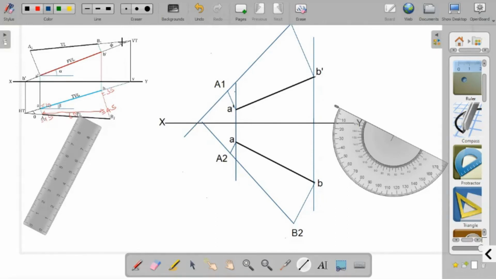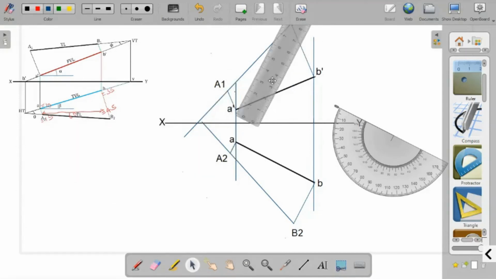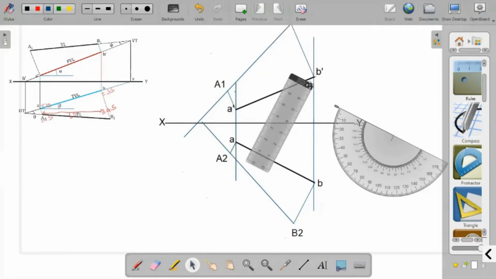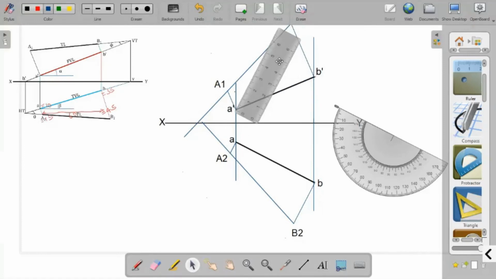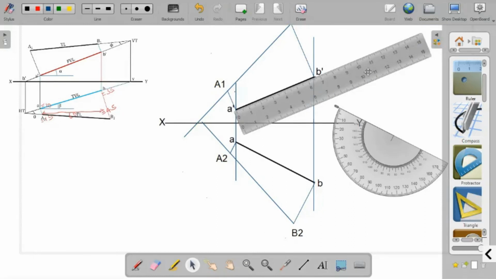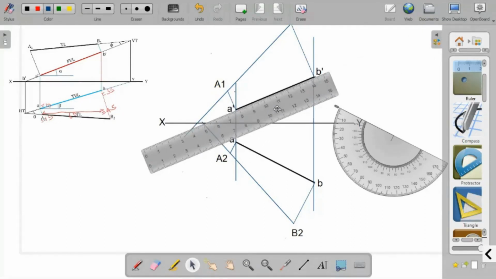Now to find out VT, what I need is A dash B dash should be extended. In order to extend A dash B dash, take the scale and make it coincide with this AB line and then extend it such that it intersects with our line which is through A1 B1.